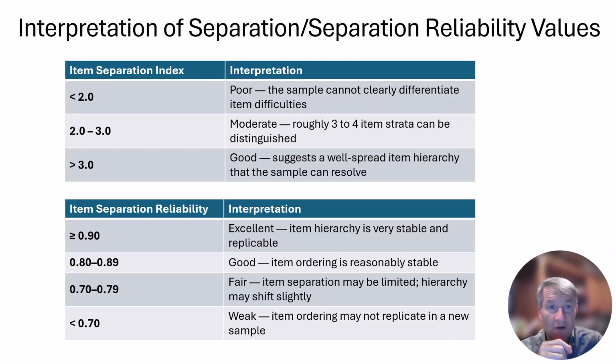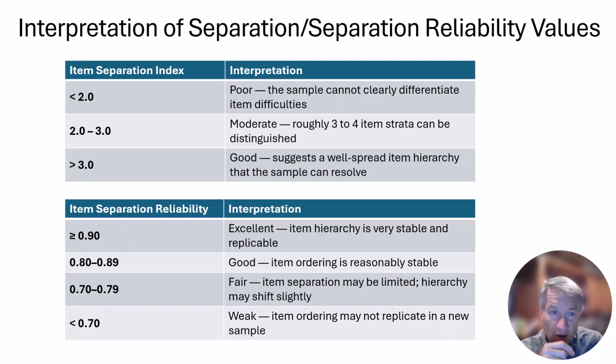Whereas if our item separation index is greater than 3, then that would provide at least 4 statistically distinct strata of item difficulties, which would be a much better situation.